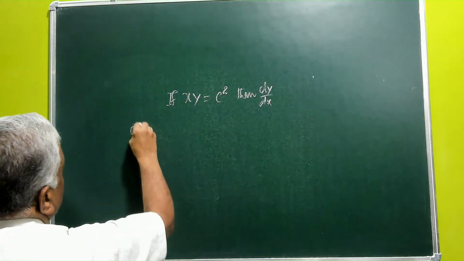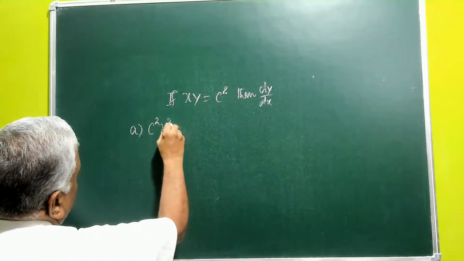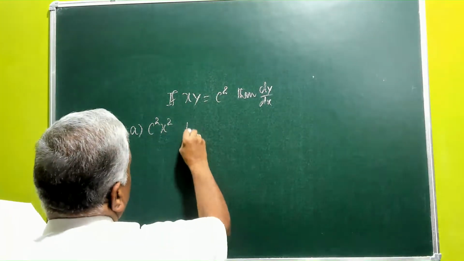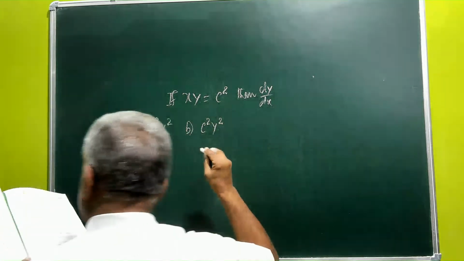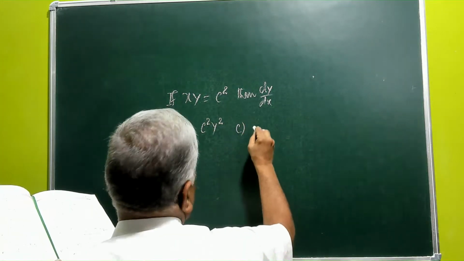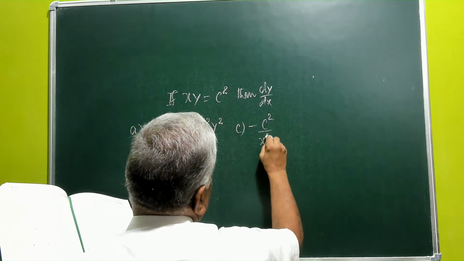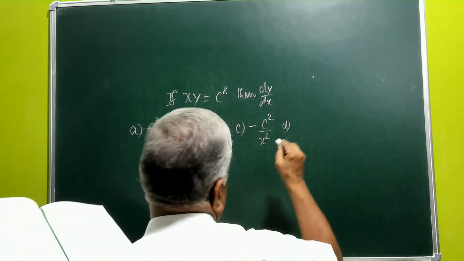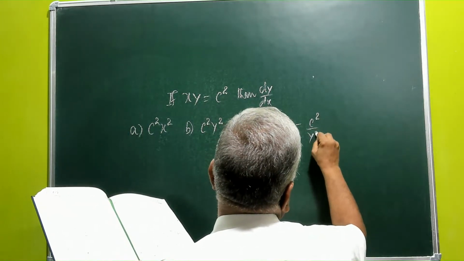The first answer is c square x square. The second answer is c square y square. The third answer is minus c square by x square. The fourth answer is minus c square by y square.